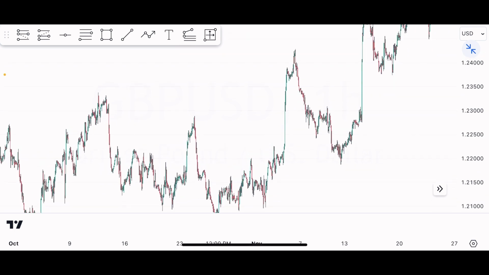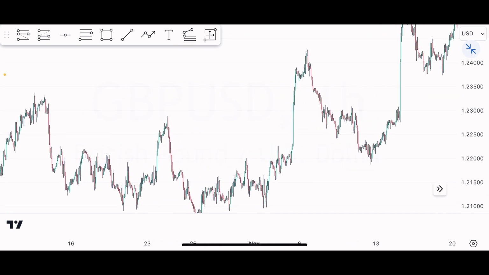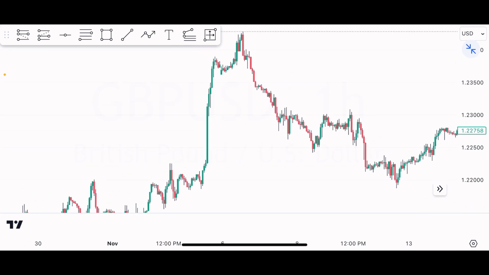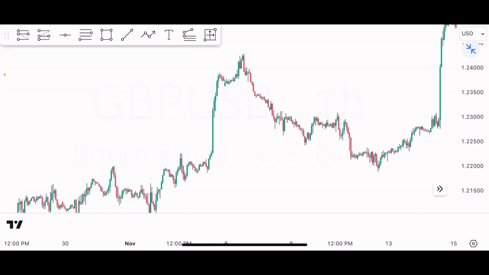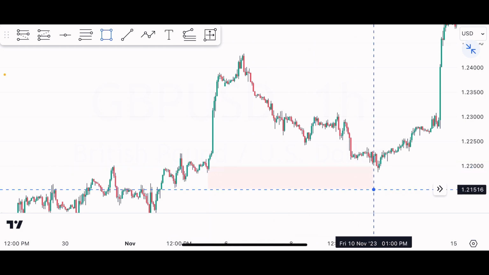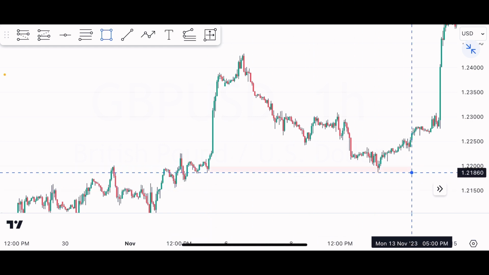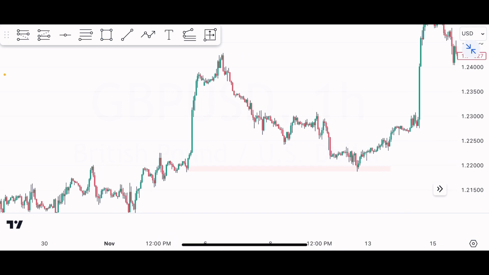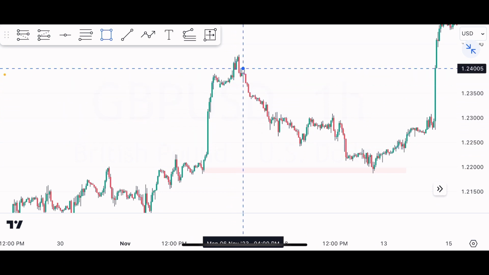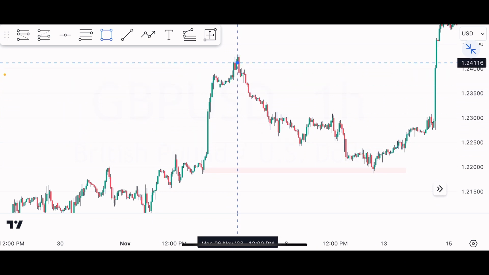So for example, in this scenario, I have order flow created support here from that red candle. I have order flow created resistance here.